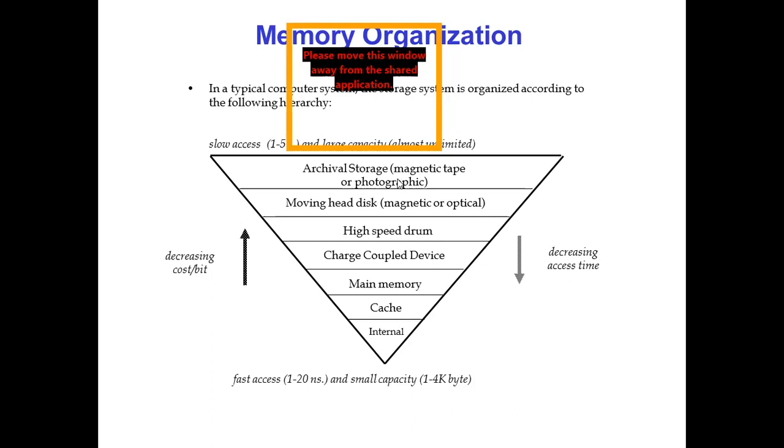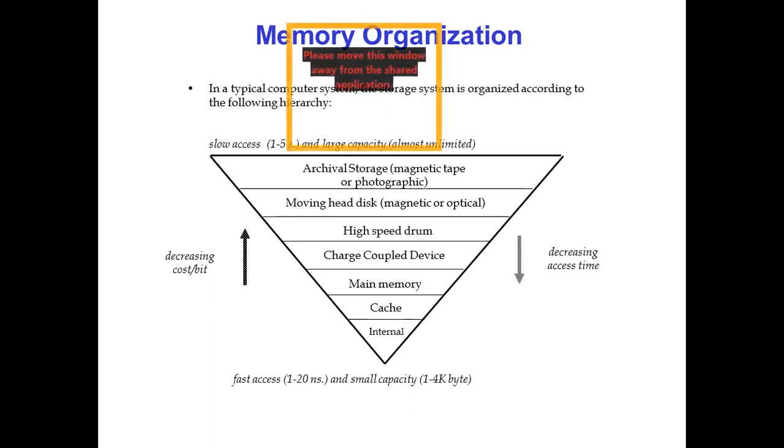Now we can see in this diagram, this is the main memory, that is the random access memory, which we always use whenever we talk in the context of the operating system. We consider the RAM, random access memory, also called the main memory.